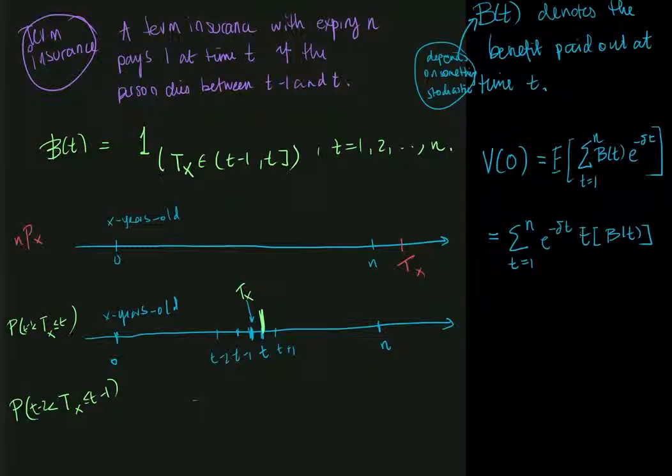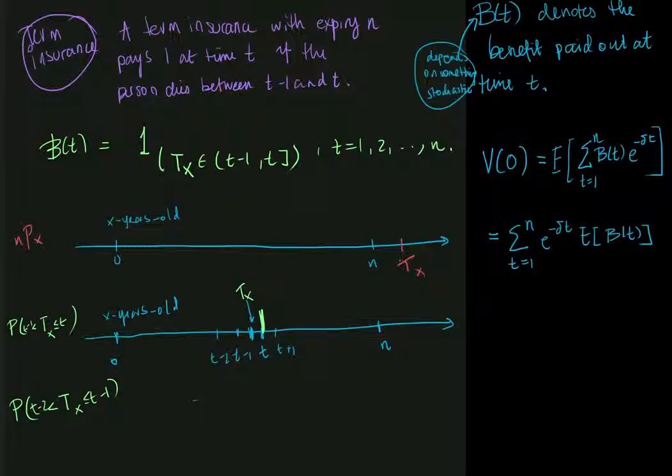And since e to the minus delta t does not depend on anything stochastic, we can also take that outside of the mean value because it's just a number that's multiplied onto the mean value. And now what we have is the mean of b of t inside here. And b of t is equal to this thing, right?